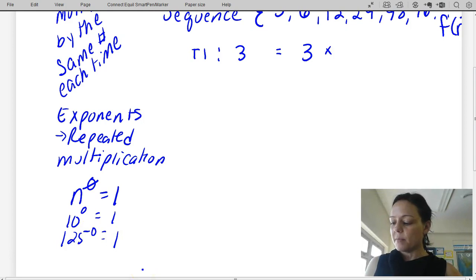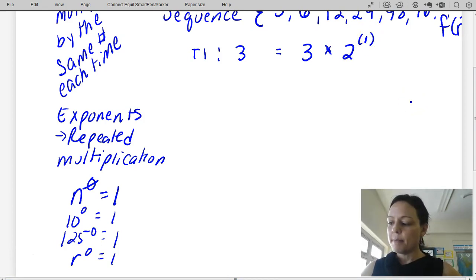Even if I have a variable, r to the 0 power, that's still going to be 1. So if we're multiplying by 2, I'm going to multiply it by the 0 power. Remember, we're talking about term 1, and it's 2 to the 0 power.